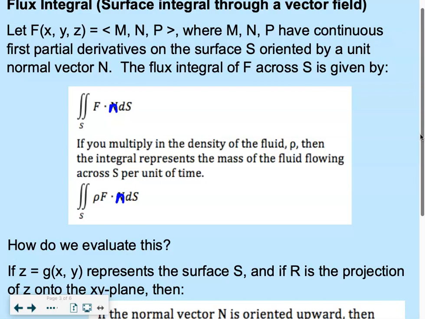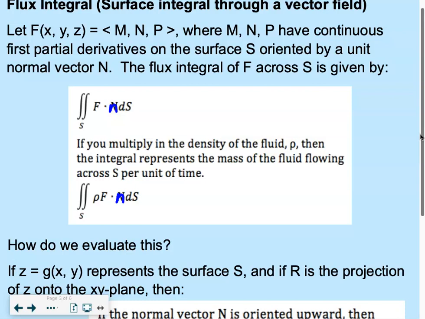n has an orientation. So your vector normal to the surface: if you have just a surface, not a solid, then technically, at a point on the surface, there are two normal vectors, right? There's one going this way and one going that way. So how do we know which n we're talking about?